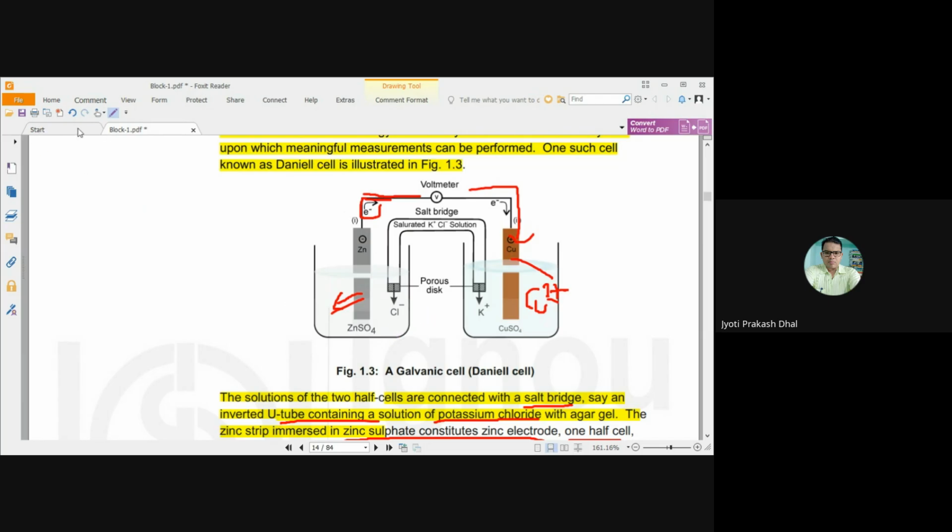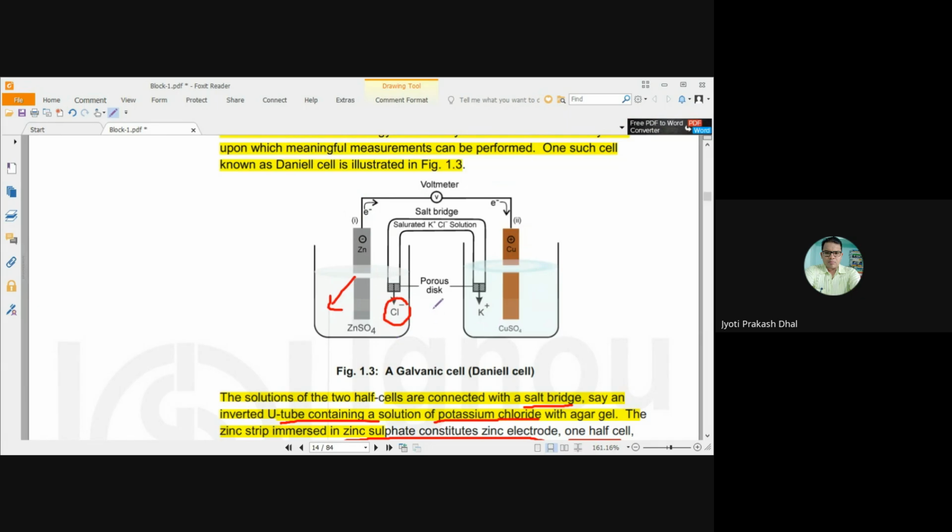And overall, what is happening inside the left half cell, the concentration of Zn2+ ions will increase. So in order to balance that, the Cl- ions from the salt bridge will be liberated to the left hand half cell.